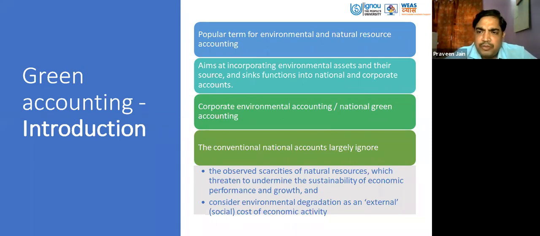Corporate accounts means when an organization or a company does some activities, it also uses different environmental services, and it also sometimes causes damage to the environment. So that has to be incorporated in the corporate income or benefit-cost assessment.